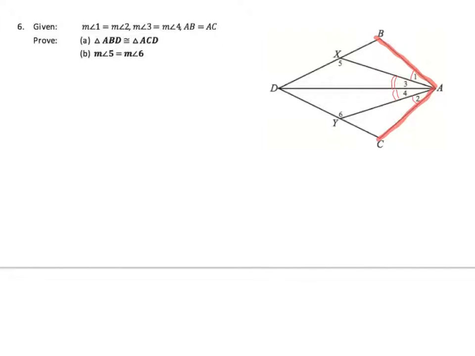Now we're trying to get to triangle ABD is congruent to ACD. I don't know if this is going to make any sense.